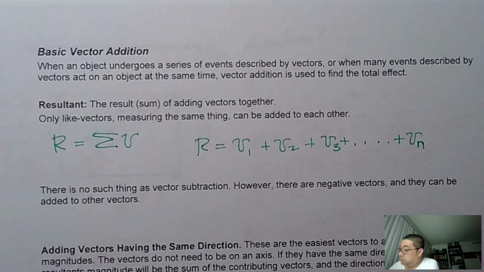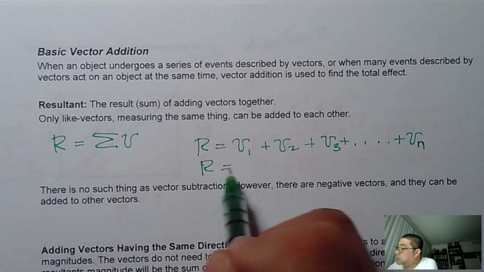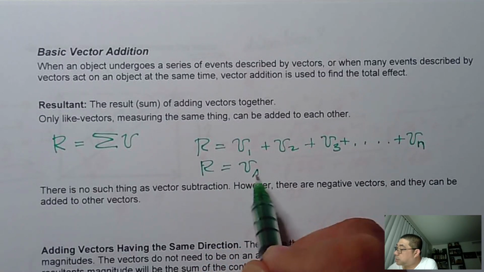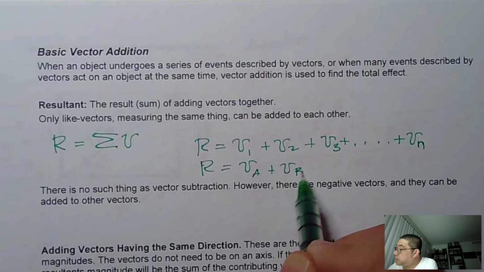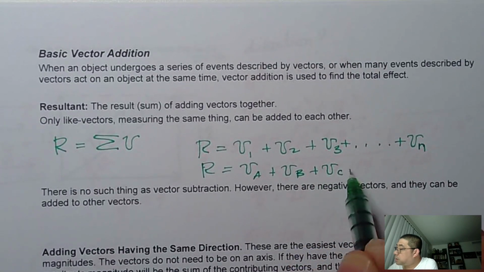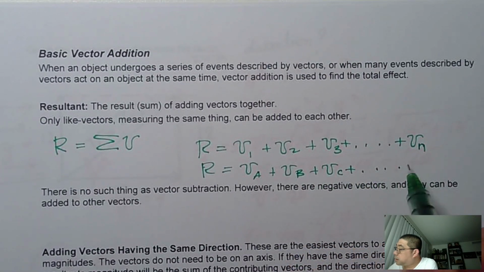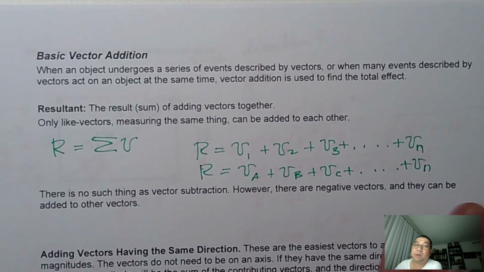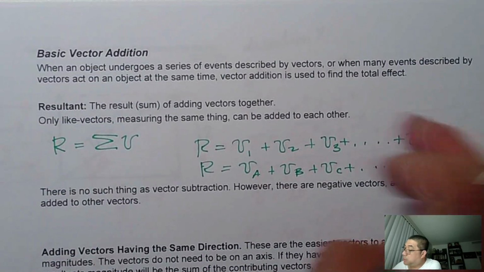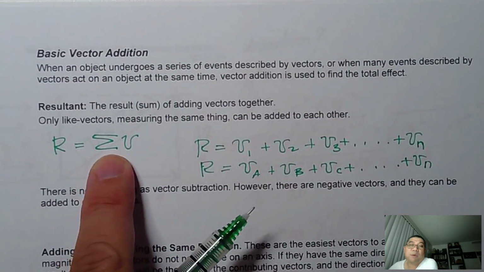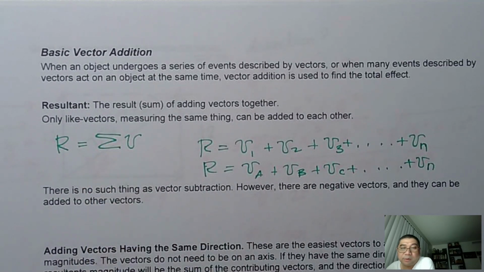Okay? Or sometimes I would say R is simply vector A plus vector B plus vector C plus dot dot dot plus vector all the way to sub n. Okay, so never-ending numbers. Instead of writing it this way, that's why we have the shortcut, which is the summation of all the vectors.